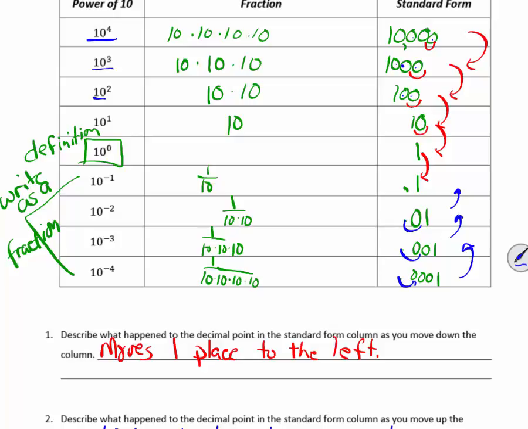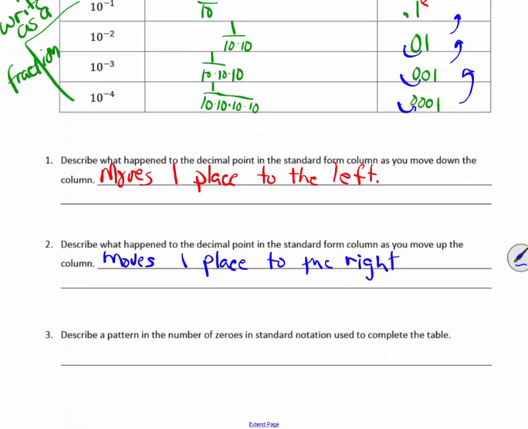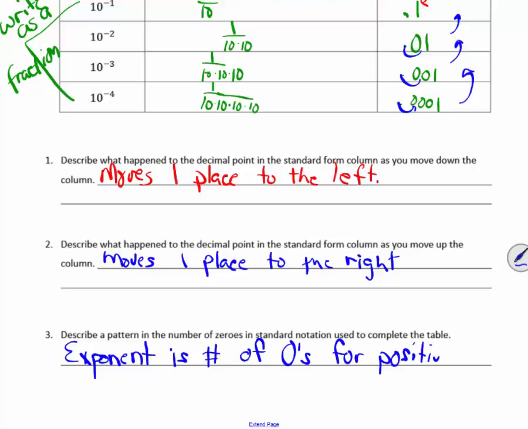Okay, so the exponent is the number of zeros, for positive numbers. Because once I got into my negatives, here I had a negative exponent, but that tells me then how many decimal places I need. All right, but it only wanted the positives there.